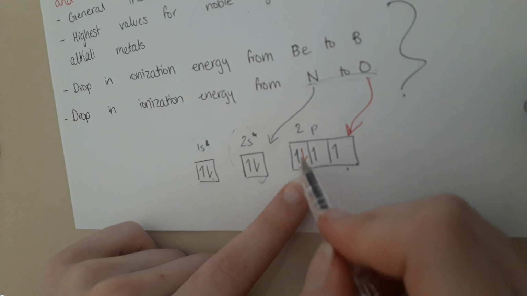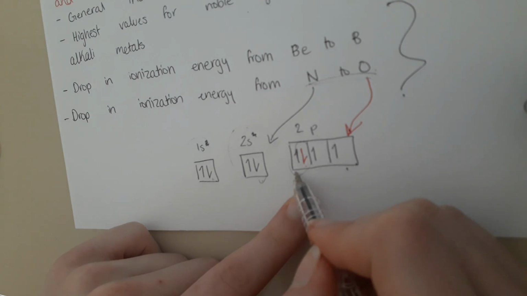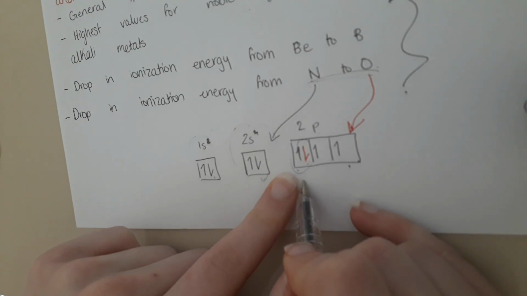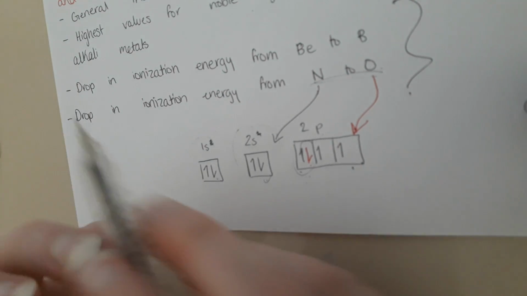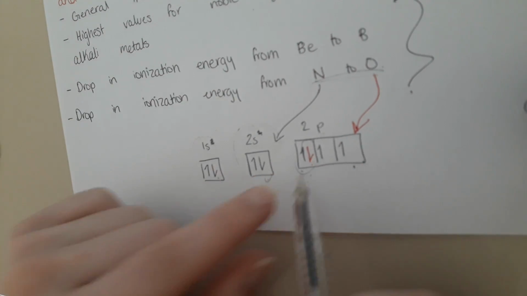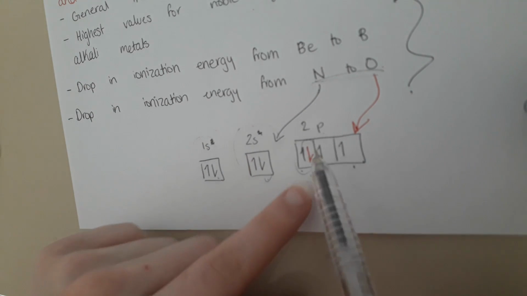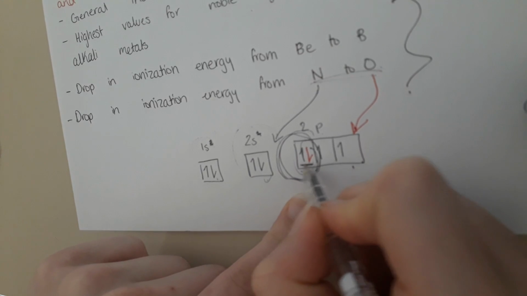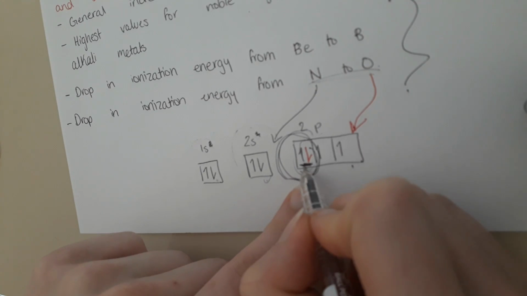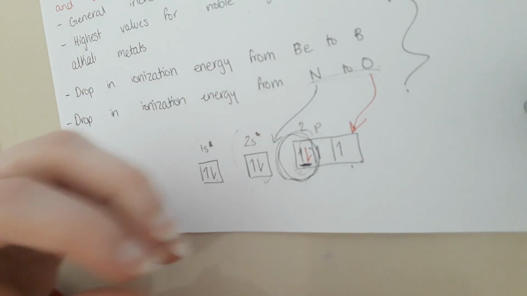So this shows that there would be a difference in the energy between the 2, and there's a drop in ionization energy between nitrogen and oxygen. That is because if you had to remove an electron, it would be easier to remove it from oxygen because there is now this spin pair repulsion between these 2 electrons, and thus it would be easier to remove it.